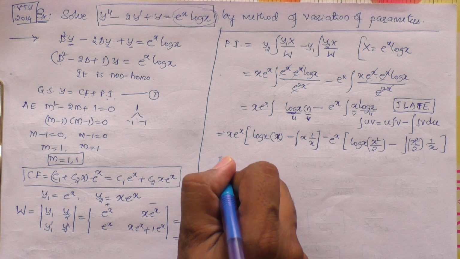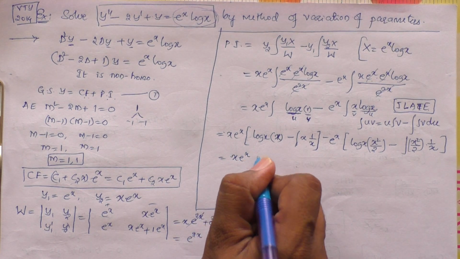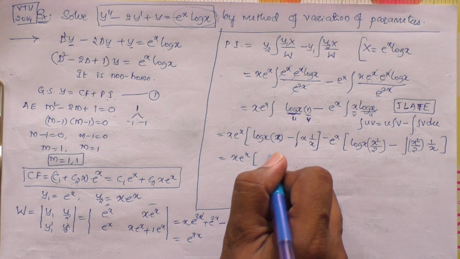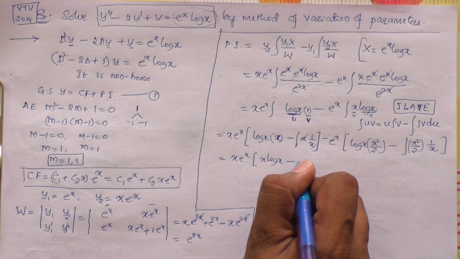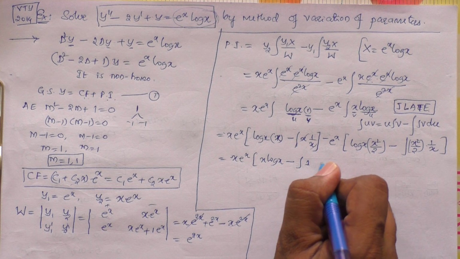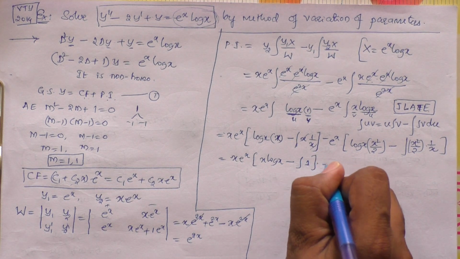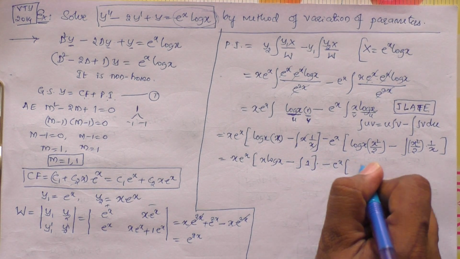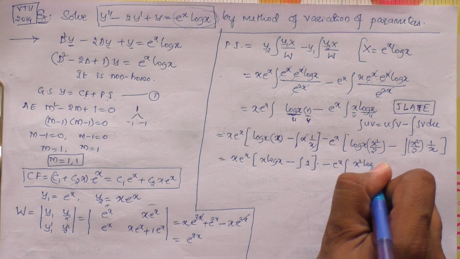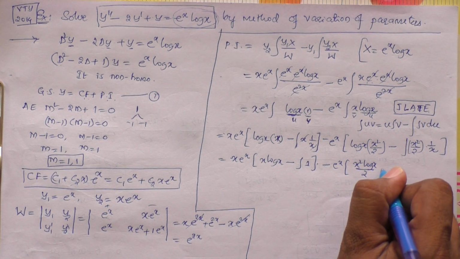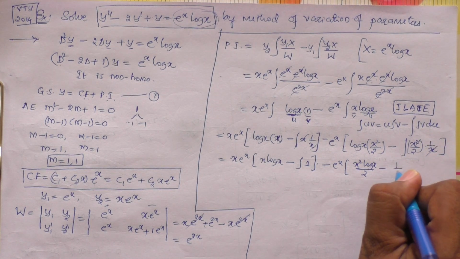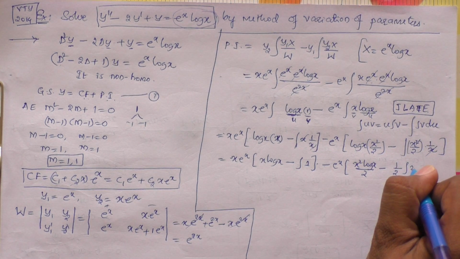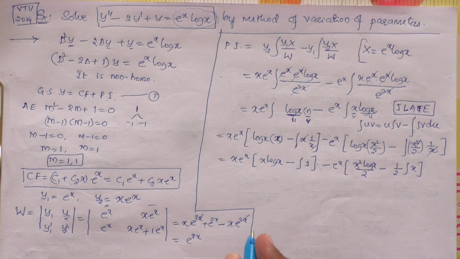Now simplify: x e raised to x into bracket x log x minus x, the x cancels, integration of 1, minus e raised to x into bracket x square log x by 2 minus, here x gets cancelled, 1 by 2 integration of x. We get this.